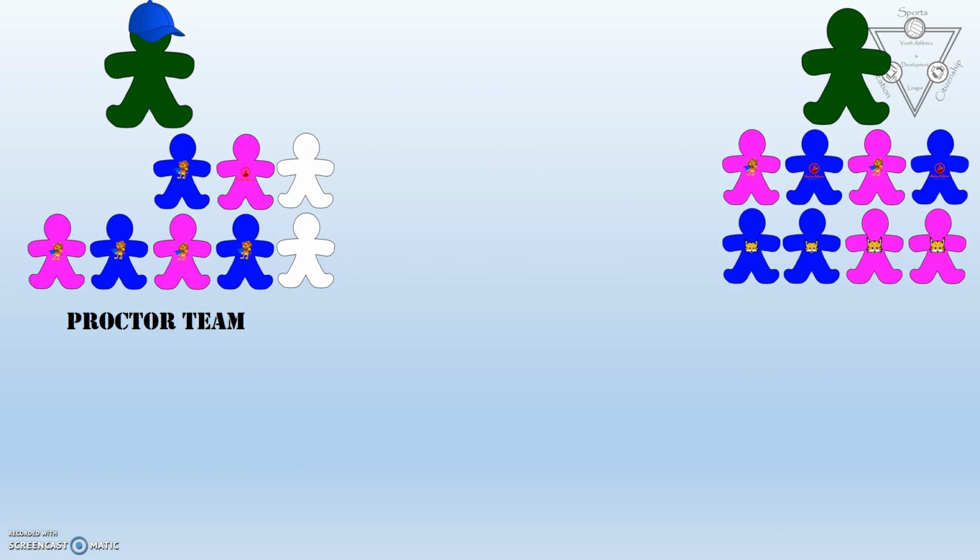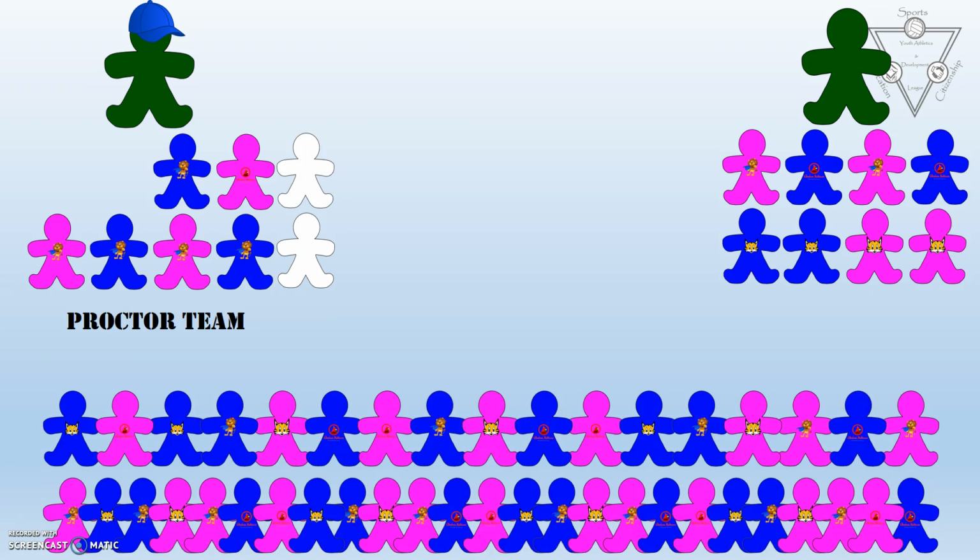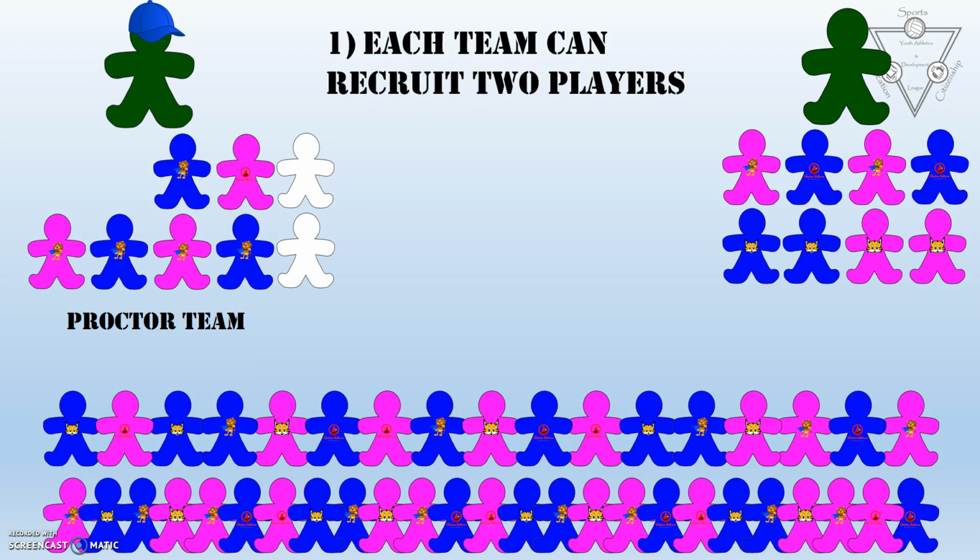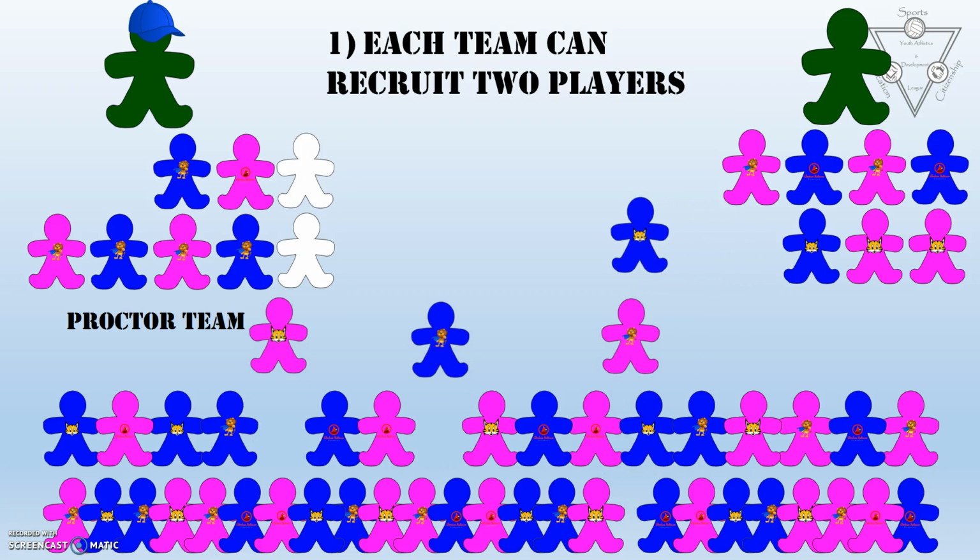So those spots can be filled from other teams, and they can be filled from all the individual signups. The first go round of filling those spots, we're going to allow each coach to recruit 2 players. That means that of all these players out there, the players that have written down on their registration or have contacted the league and said that they would like to play for Coach Ballcap, he'll get to choose 2 of those players.